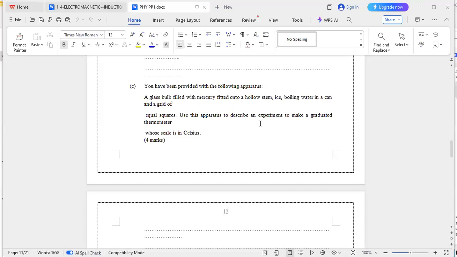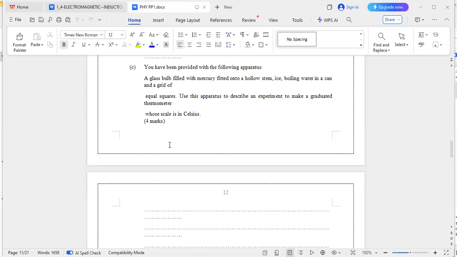Use this apparatus to describe an experiment to make a graduated thermometer whose scale is in degrees Celsius. So this basically is testing you on how to determine the lower fixed point and upper fixed point of a thermometer. Then divide that scale into equal parts.